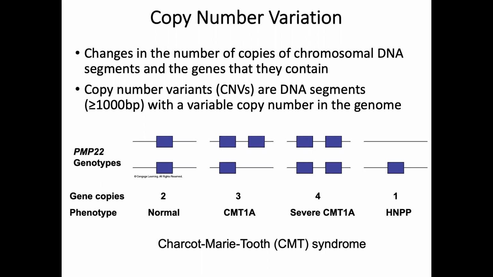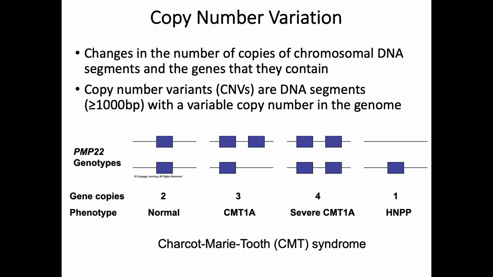Instead, most copy number variations were identified through genomic approaches. Copy number variations are defined as deletion or duplication of DNA segments from about 1 kilobase pair up to about 5 million base pairs.